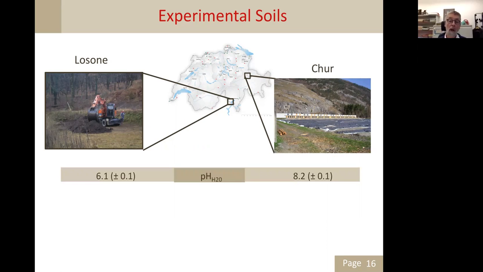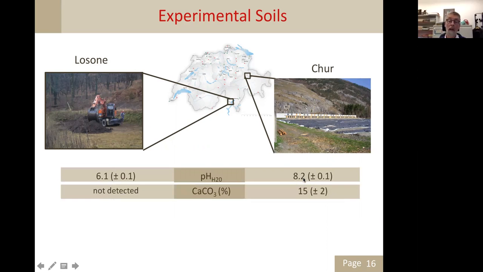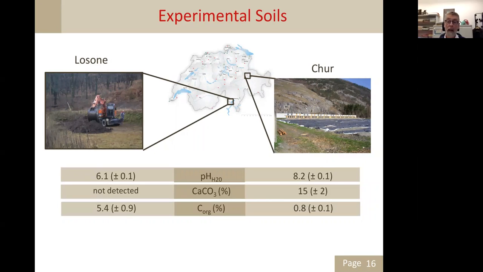And here are the soil properties of these two soils. The pH was slightly acidic in the southern Switzerland soil, and around 8 in water in the Chur soil. This was due to the fact that we have calcium carbonate in this material, about 15%, while there was no carbonate in the southern soil.